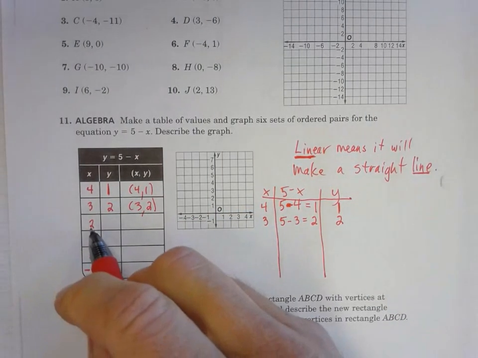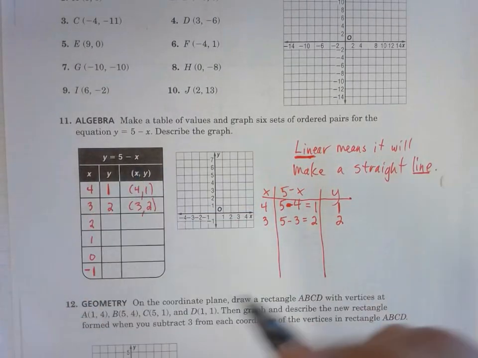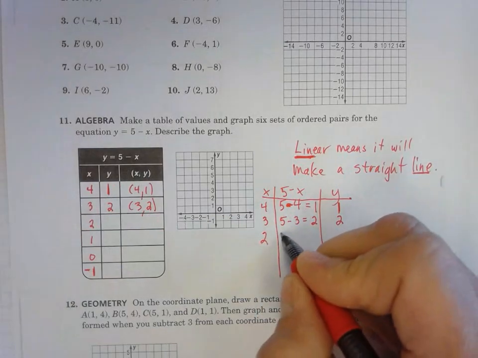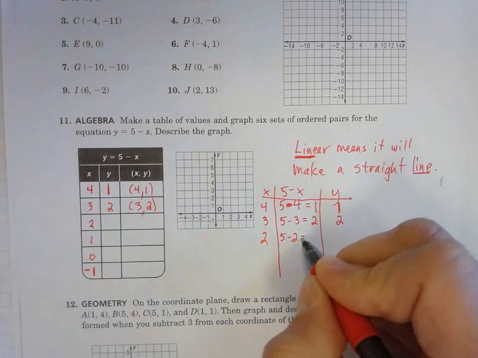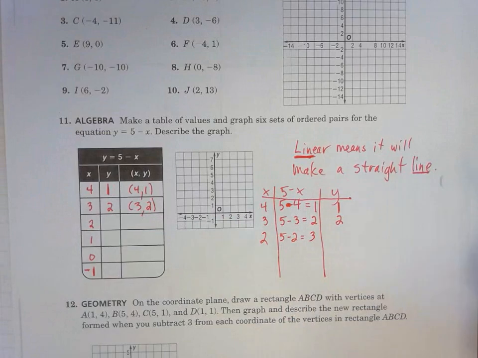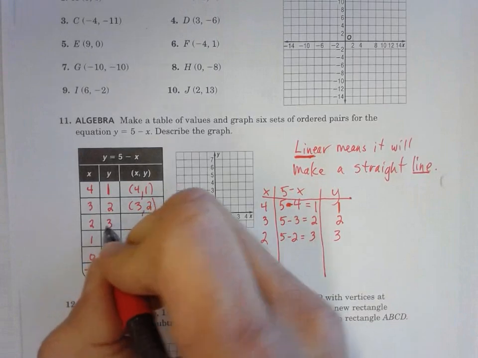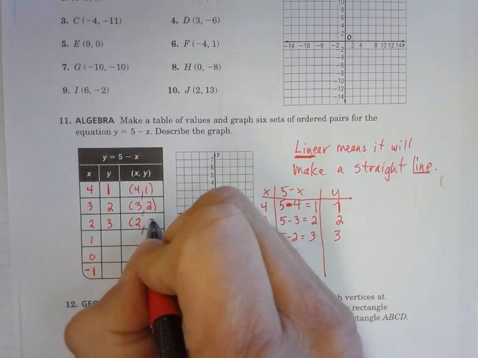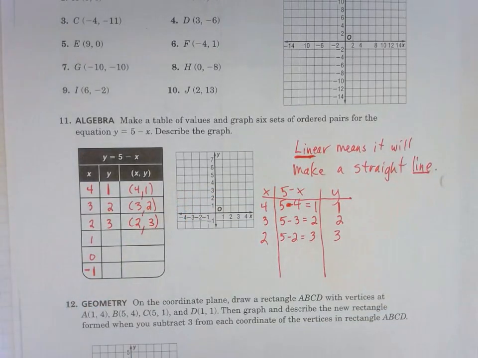Okay. Next number I'm going to put in for x is 2. So that is going to be 5 minus 2, which of course is 3. So my y answer that I'm getting out of there is 3. And then I am going to graph 2, 3 in just a second.